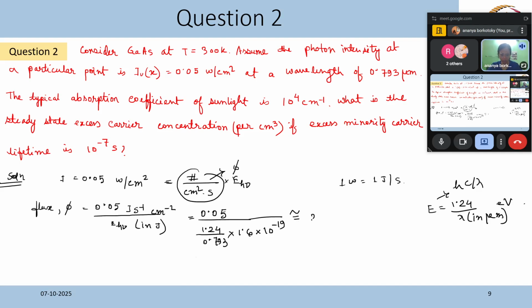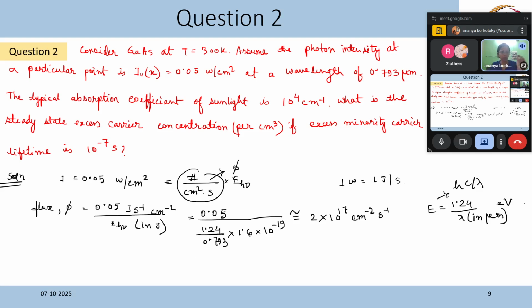This will give me roughly 2 into, I have already calculated, but check the calculation from your side. This will be centimeter to the power minus 2 second inverse, right? If you don't multiply this, you will get some number that will not be correct. Flux is the number of photons hitting per centimeter square per unit time, so typically it should be a large number, right?